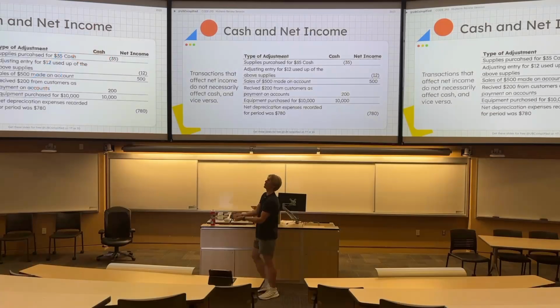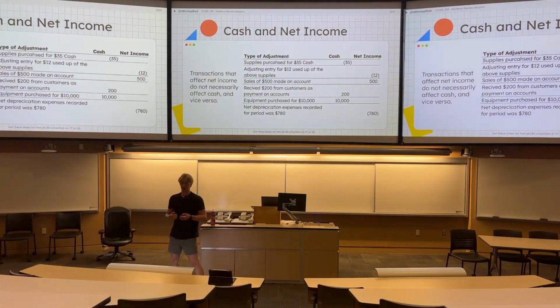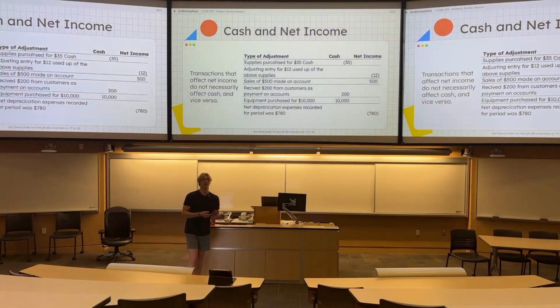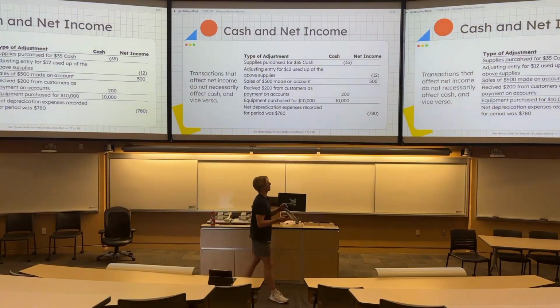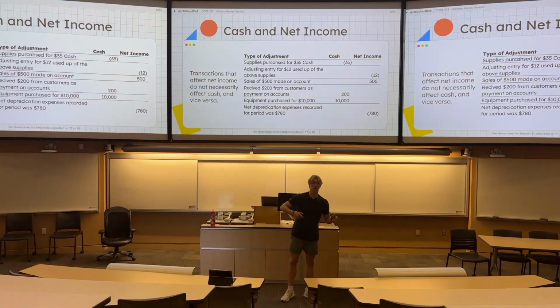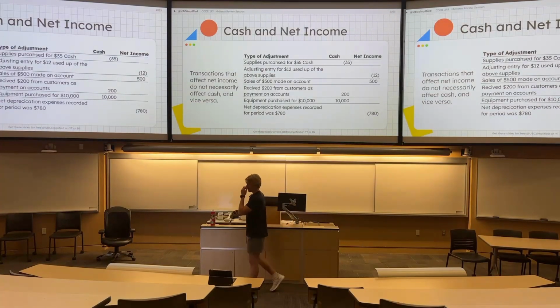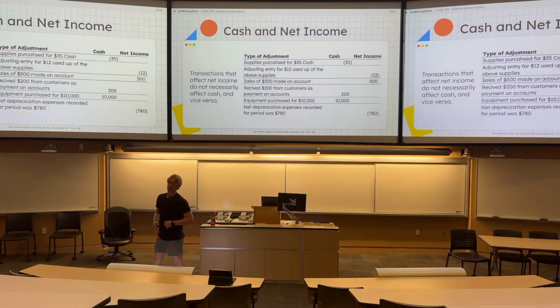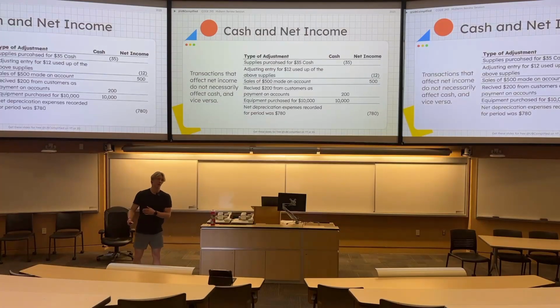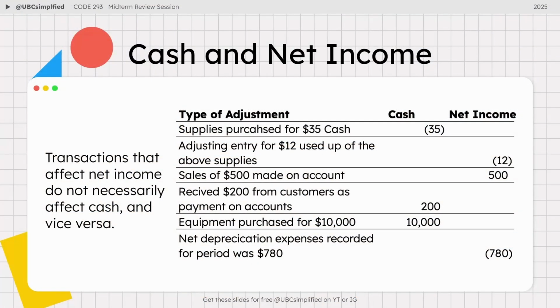But then when you use your supplies, that's going to be an expense, and that's going to reduce your net income. There are just a few other examples of where cash and net income are different, so keep that in mind. There's a little bit of difference between net income, which is the income that a company is generating, versus the cash that it's generating, shown in its cash flow statement.